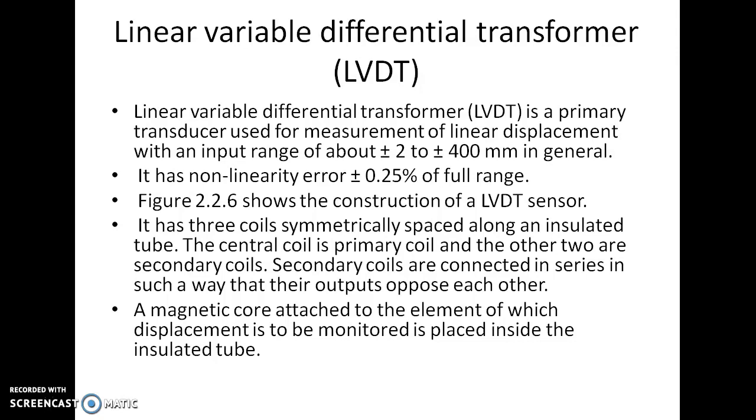They are connected in series. The primary coil is placed in between both secondary coils. A magnetic core attached to the element whose displacement is to be monitored is placed inside the insulated tube. It means one magnetic piece will be placed inside the tube, which will move.